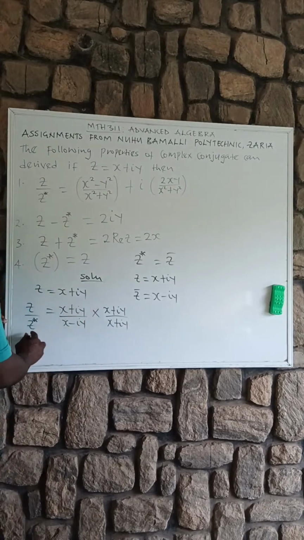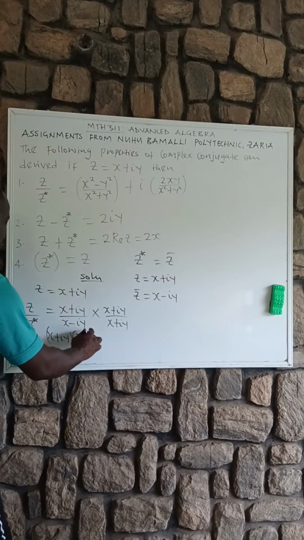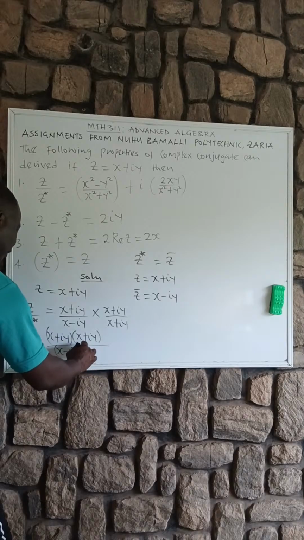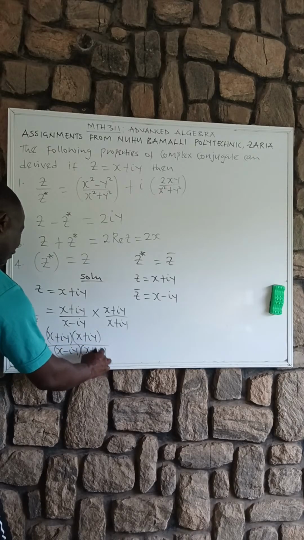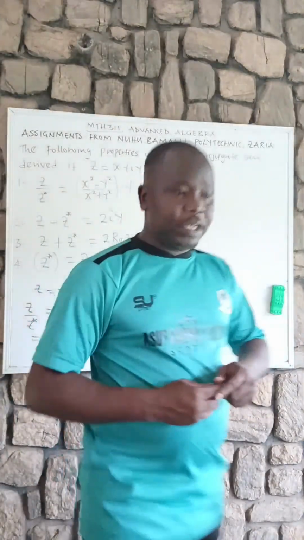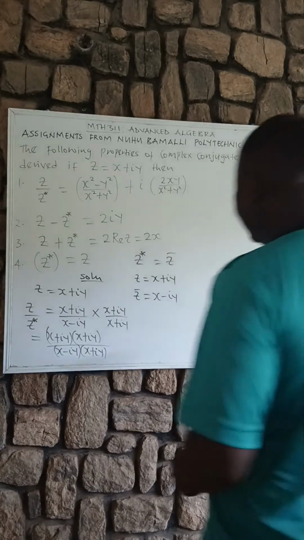So this is equal to x plus iy, in brackets, times x plus iy, all over x minus iy times x plus iy. Do you agree with me up to this point? Look at the board very well. If you agree with me, nothing is difficult here.